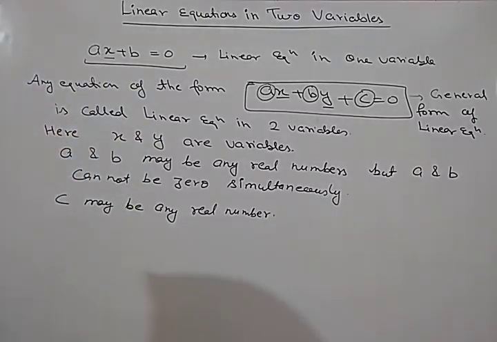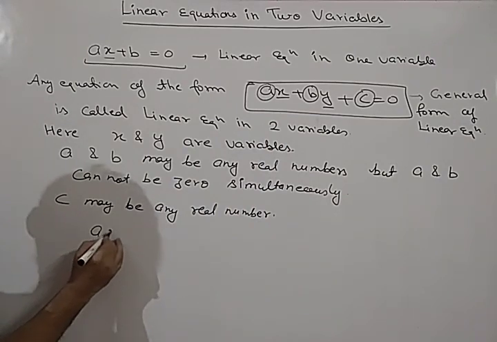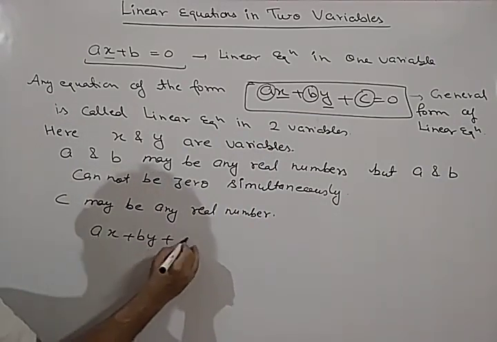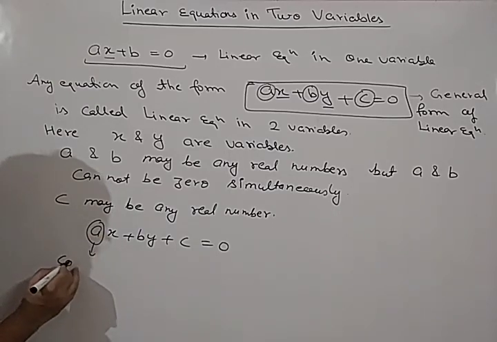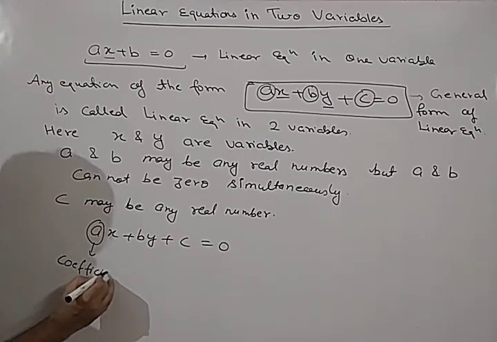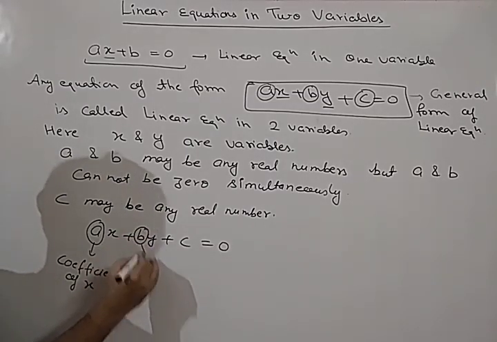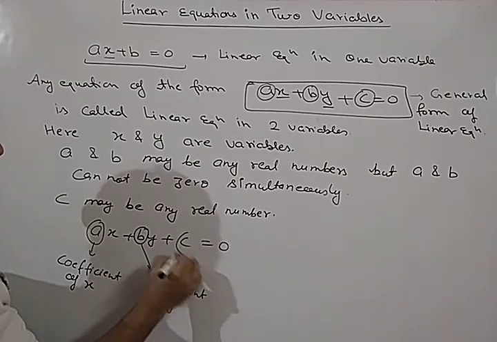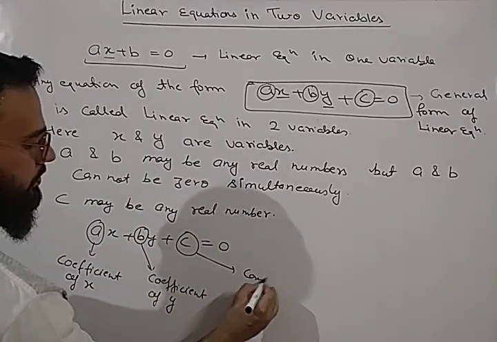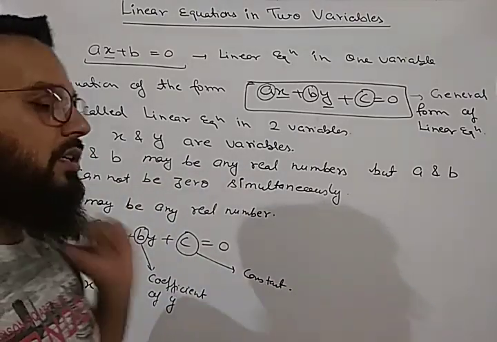Clear? Now, one more important thing. In this equation, ax plus by plus c equal to 0, a is known as the coefficient of x, b is known as the coefficient of y, and c is a constant term, which may be any real number.